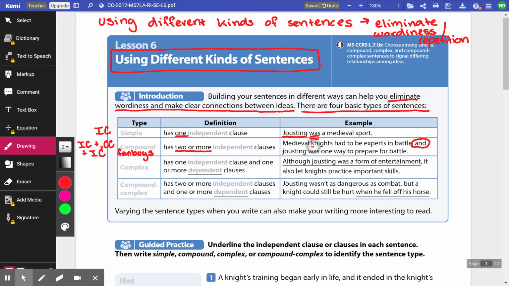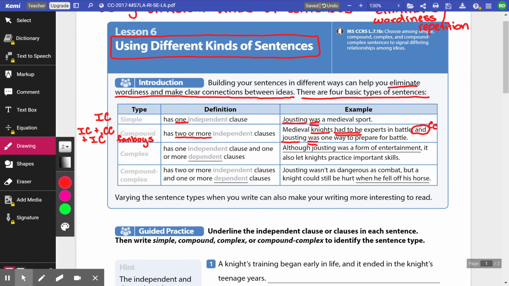So knights would be my subjects, had to be is my verb phrase. And then I have experts in battle, and then I have my coordinating conjunction right here. And then I have another independent clause. So jousting was one way to prepare for battle. So jousting is my subject and was is my verb. So we know compound sentences: one independent clause with a comma and a coordinating conjunction, and then another independent clause.